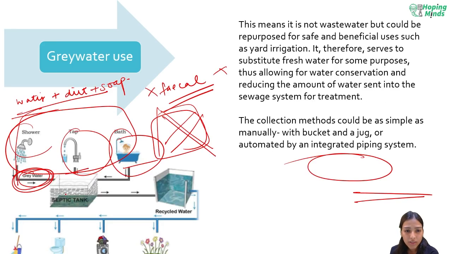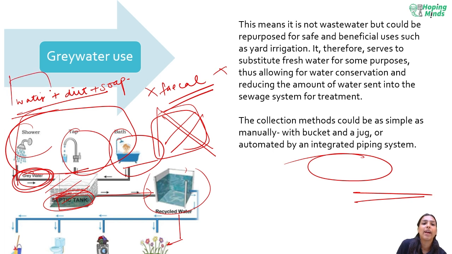So this grey water is sent into a septic tank where the dirt settles. There are filters to remove dirt. The septic tank settles the soap elements, and the water is recycled and filtered a bit. This recycled water is now used for purposes where you should not be using the direct tank water.